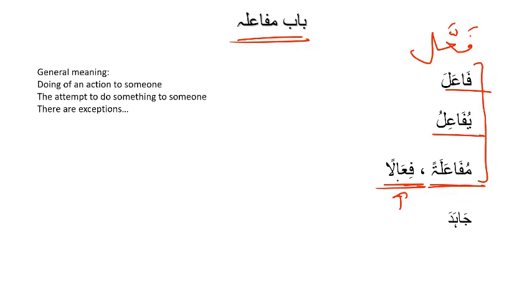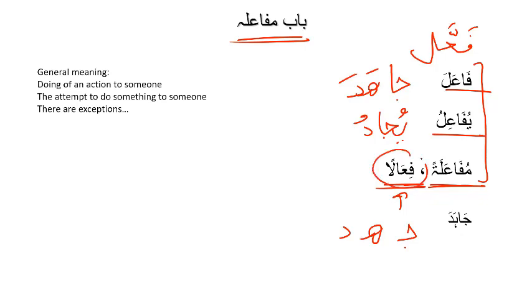So let's say our root is jim, ha, dal. What does fa'ala become? Jahada. What does yufa'ilu become? Yujahidu. And then this takes the fi'alan form.